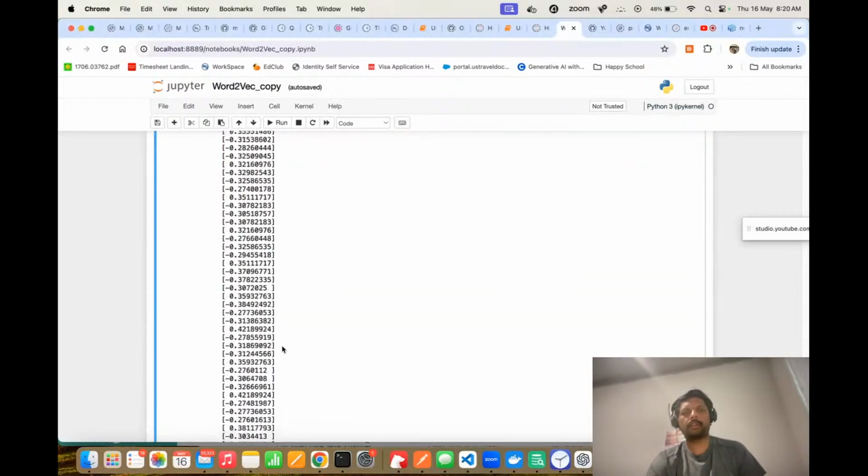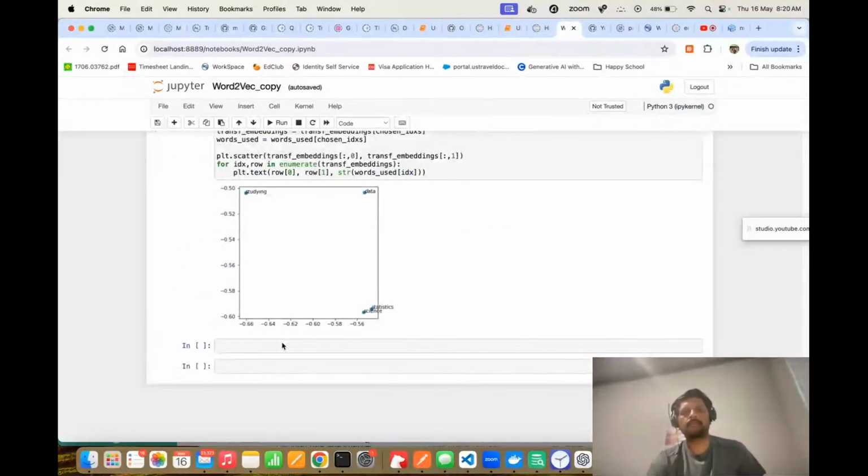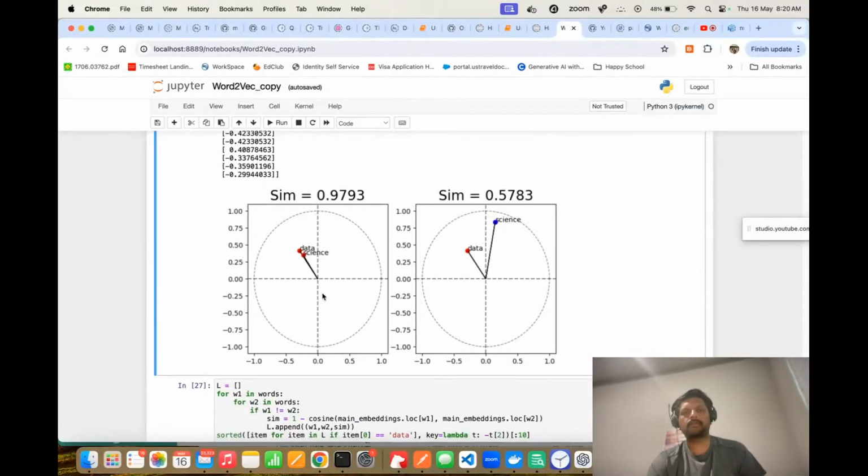So these are all the errors. They're trying to reduce the errors overall. What is this and what is this? I should look at the graph, plot graph.